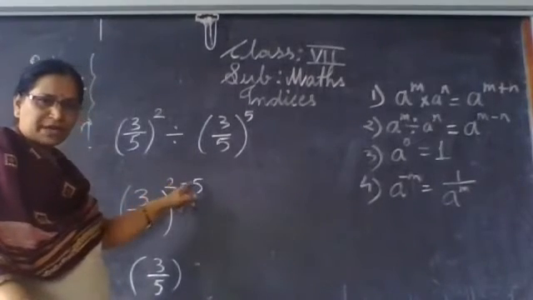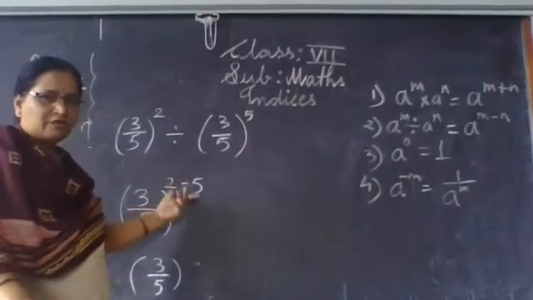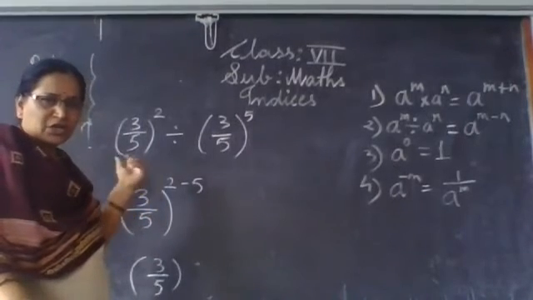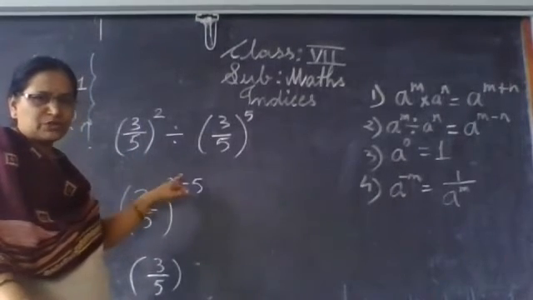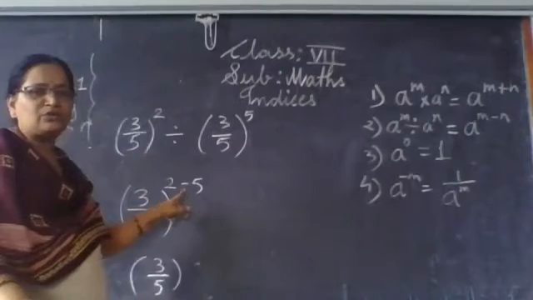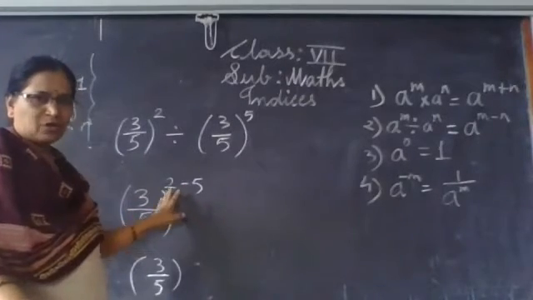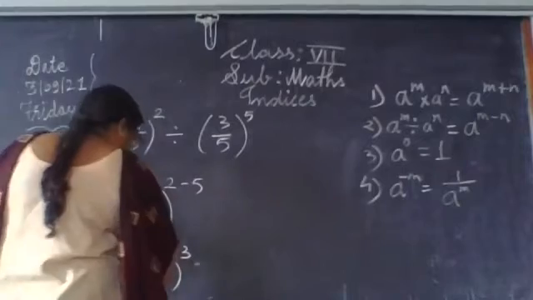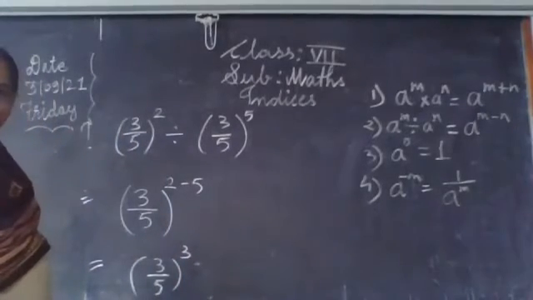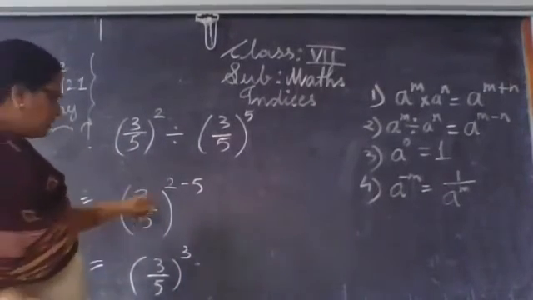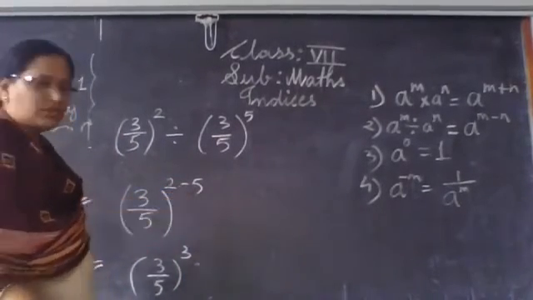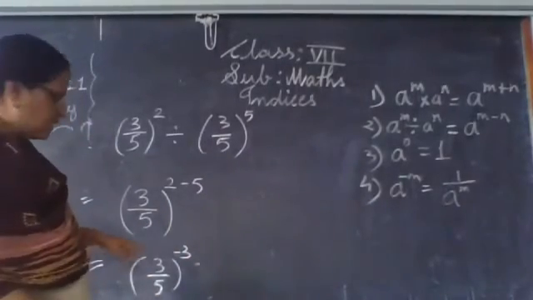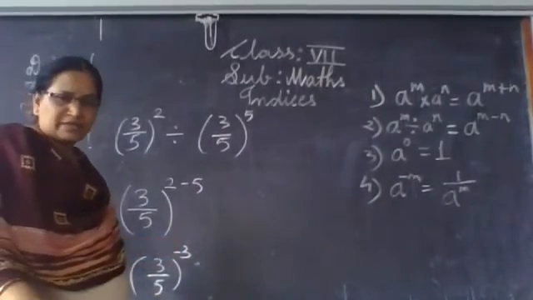Means you have to subtract the smaller number from the greater. We have already learned it in the integers, subtraction of integers. 2 minus 5. One is positive, another is negative. So always you have to do the subtraction. So 5 minus 2, 3. But the greater number is negative. So the answer is minus 3. Means here the power is minus 3.